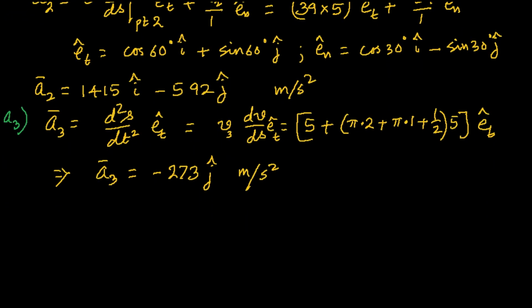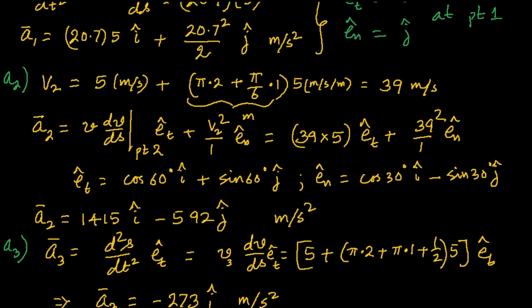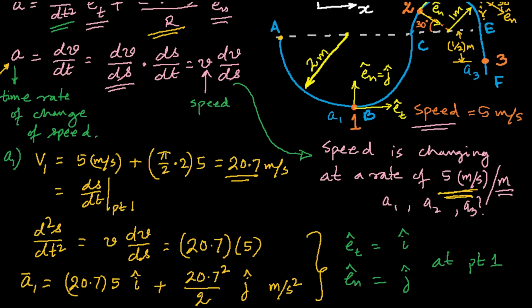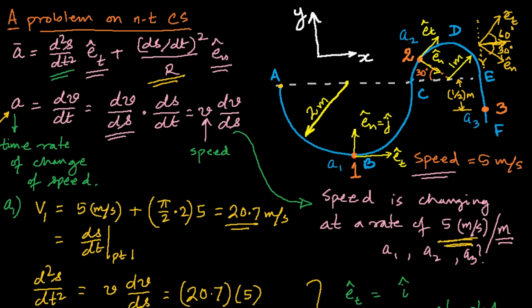It's the same problem which we had solved earlier, but here we just had an additional information that the speed was not constant. Fine. Then we will stop here for this, and we will solve another problem in the next video.